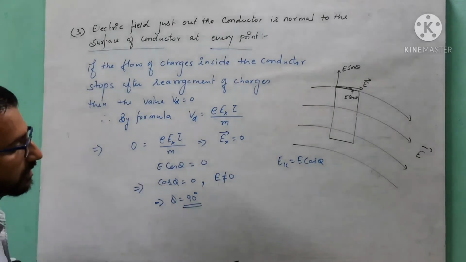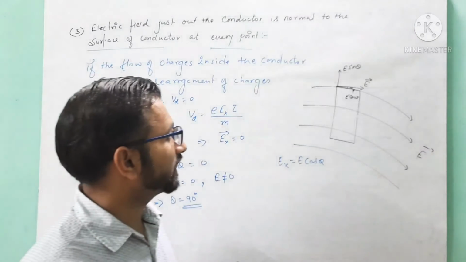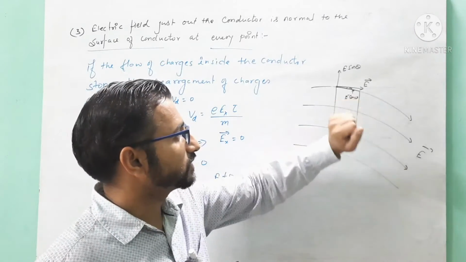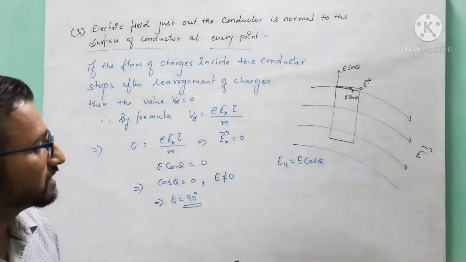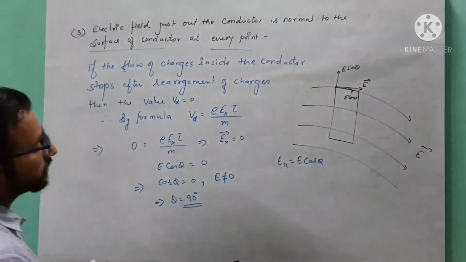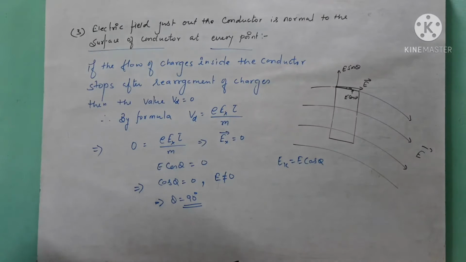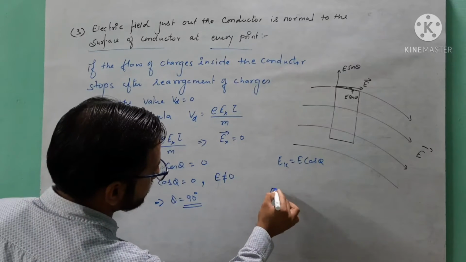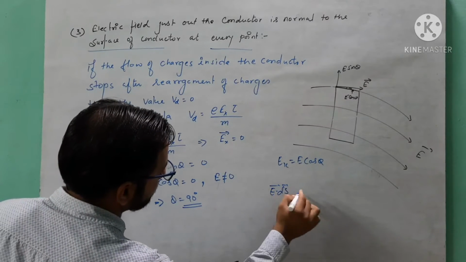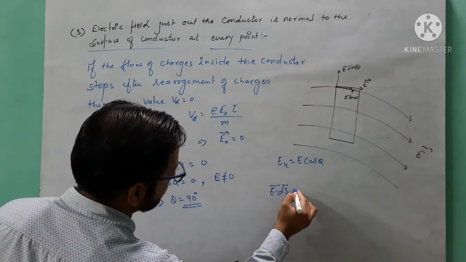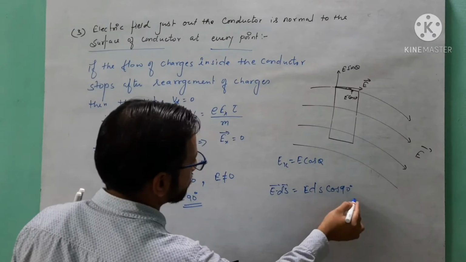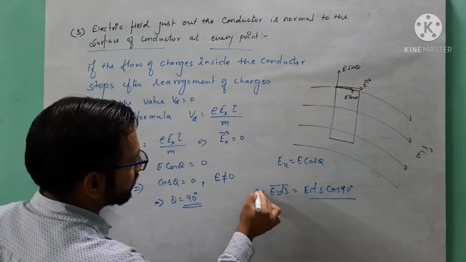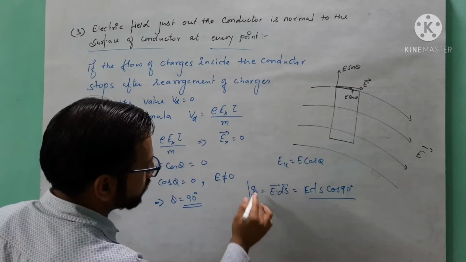So what is the angle between the surface and the field lines? It is equal to 90 degrees. It means that the direction of E, the electric field, is normal to the surface, as we have E dot ds, meaning E ds cos 90. You can prove this value from the result which we have done earlier, Q naught over epsilon naught.